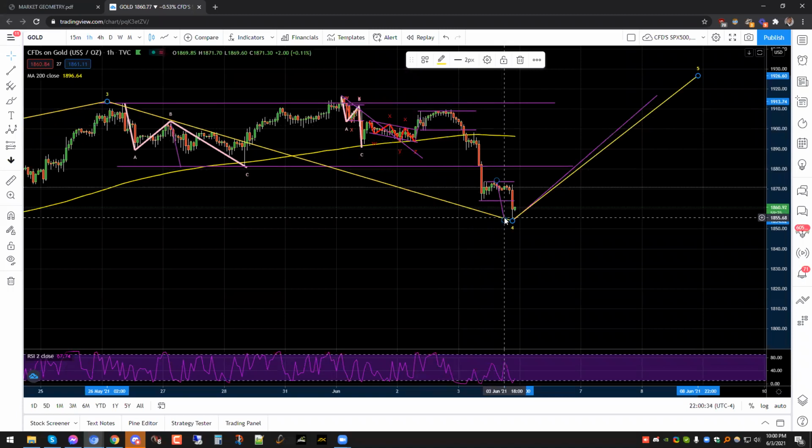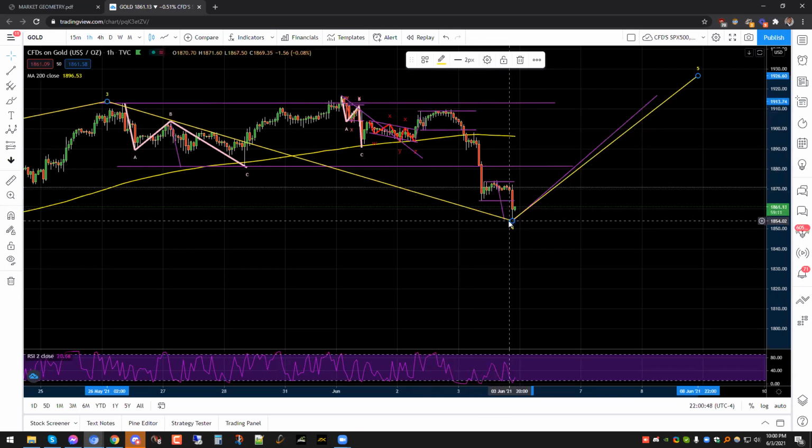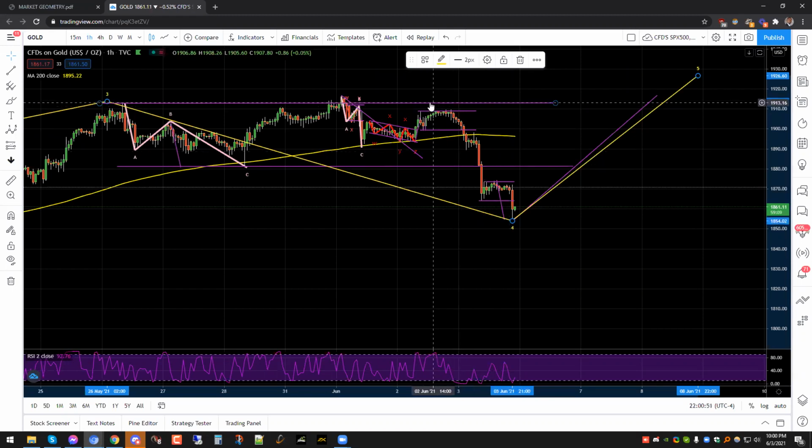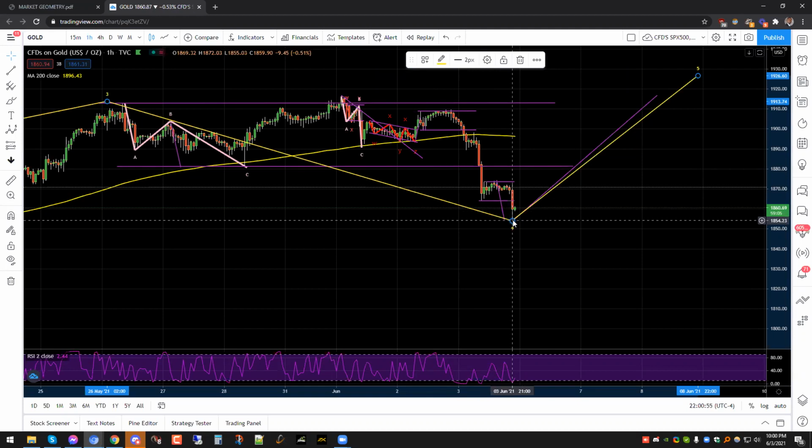It's a flat. A flat pattern can be 3, 3, 3, or 3, 3, 5. So now that we've completed 3, 3, 5 in this wave, we will expect this wave to be a complete formation and expect price to start moving up.